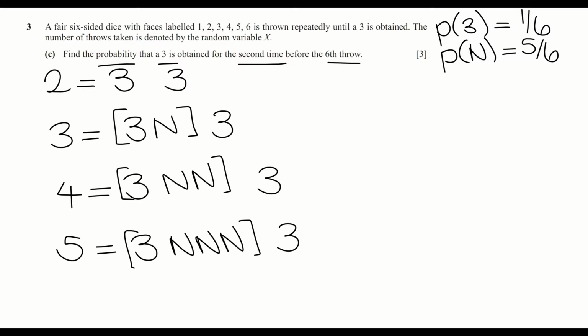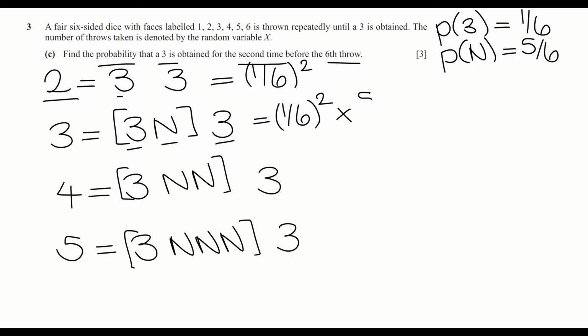Let's start with our probabilities. In 2 throws, I get 3 and 3. So I get 1 over 6 multiplied by itself. So I'm going to say 1 over 6 squared. For 3 throws, I'm going to get 3 and 3, 1 over 6 squared, and no 3, so multiply by 5 over 6. In 4 throws, I'm going to get a 3 and another 3.